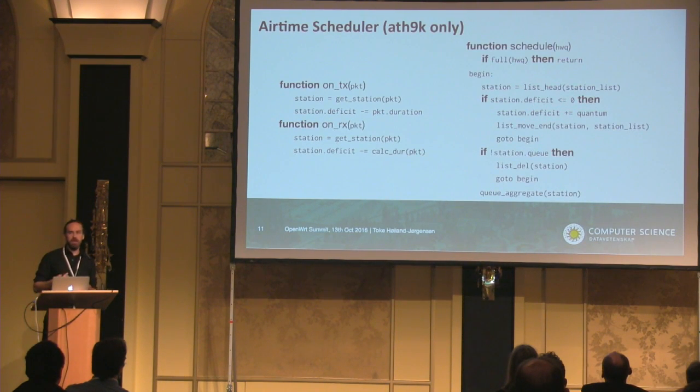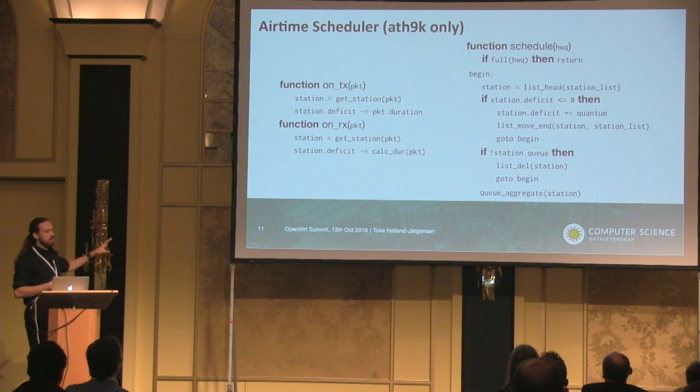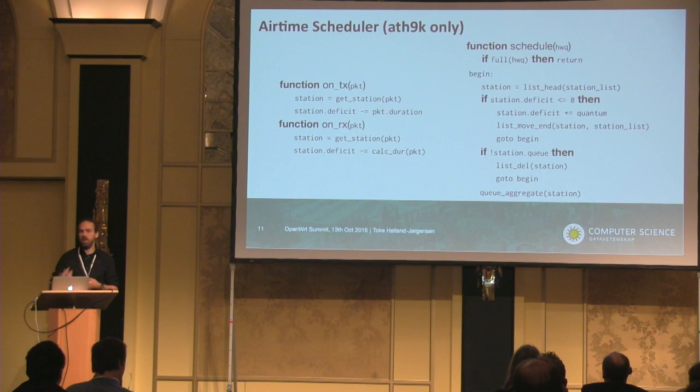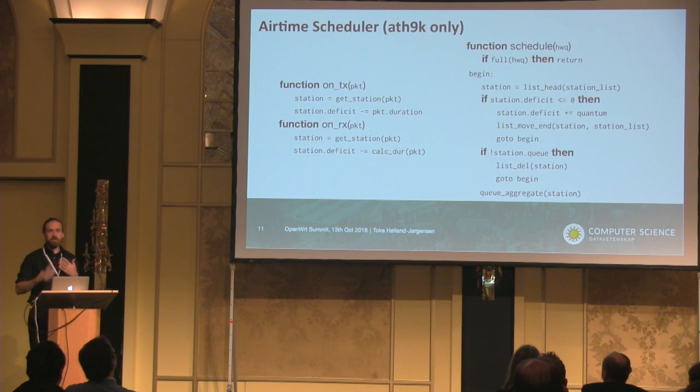If it doesn't have a positive deficit, it goes to the back of the round-robin queue and gets its deficit increased by a little bit. So this is the round-robin scheduler that tries to find the first station which is allowed to transmit. And then if the station has anything to transmit at this point, we will queue an aggregate to that station. It's a very simple mechanism, but it enforces airtime fairness as you saw before.